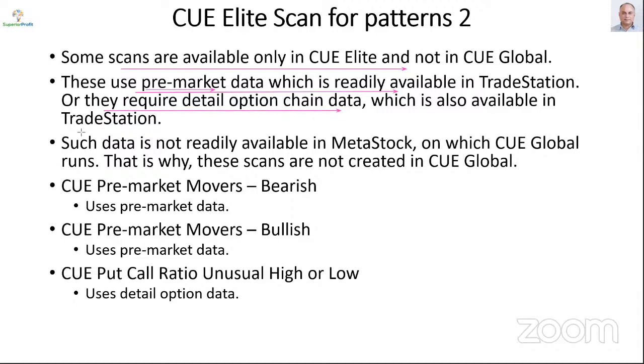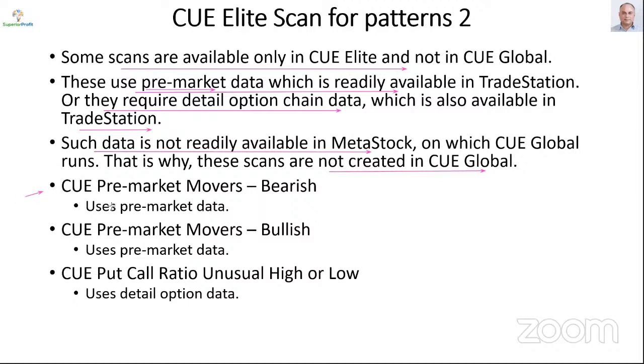Again, TradeStation has that. Metastock does not have that detail to that extent yet. It may be available in future, but not there yet. So such scans are available only in TradeStation Q Elite. Such data is not readily available in Metastock. Therefore, such scans are not available in Q Global.